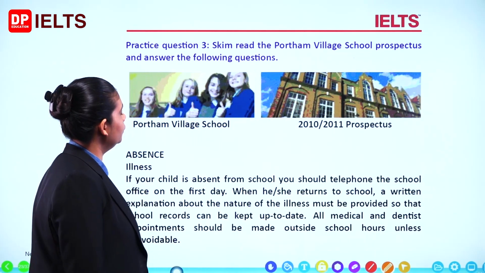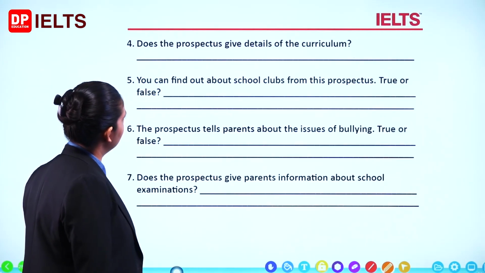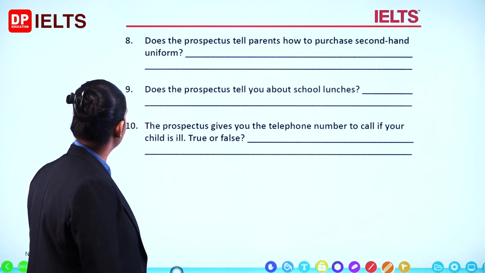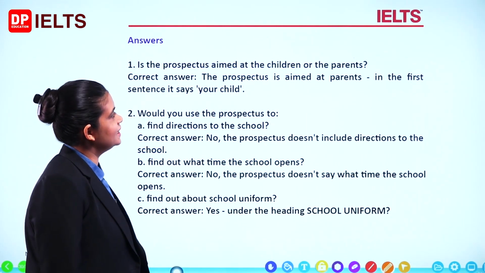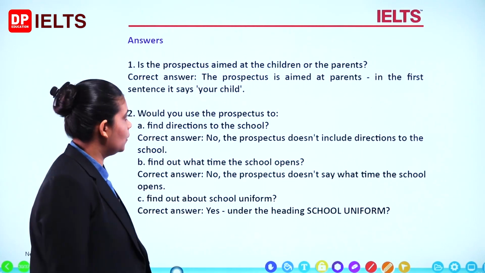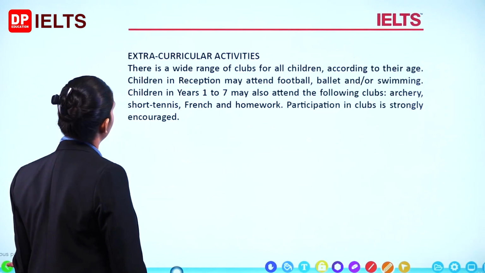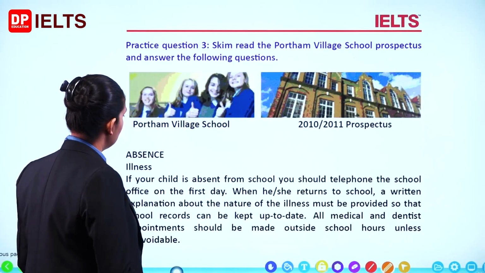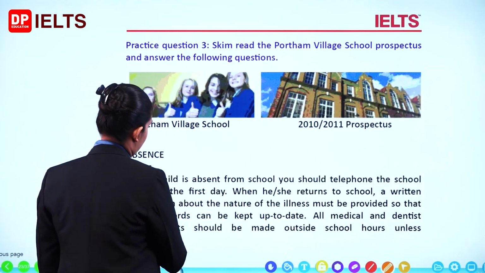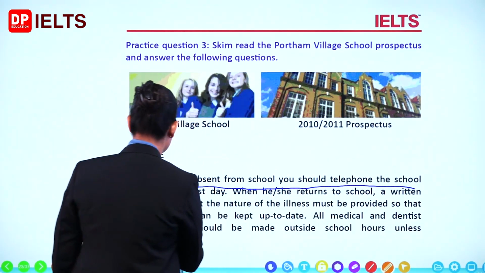Alright, so I hope you would have finished the questions by now. Now let's have a look at the answers, right? So is the prospectus aimed at the children or the parents, right? Now if you go to the very first one here, if your child is absent from school, you should telephone the school office.